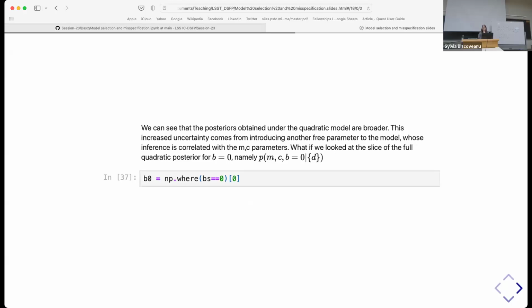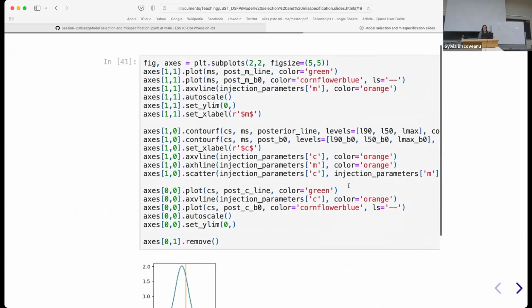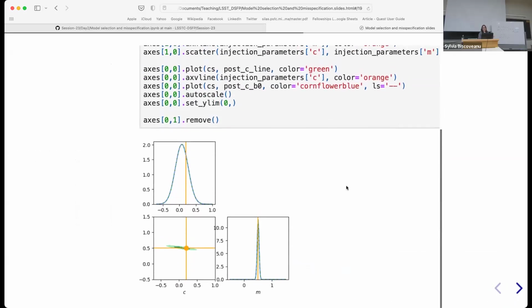We can just find our 2D slice of our 3D posterior where B is exactly equal to 0. And then we plot that, and you can't actually see two sets of posteriors on this corner plot because they lie exactly on top of each other, which is what we wanted. Okay, so this was just to show what happens with your uncertainties when you increase the dimensionality of your problem.